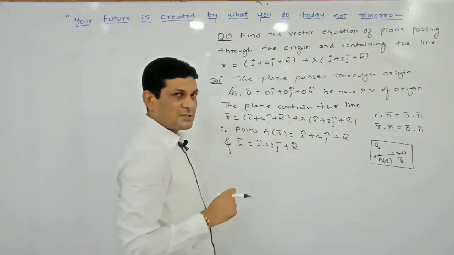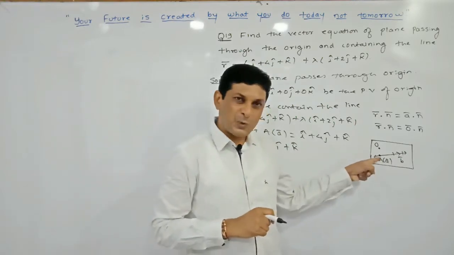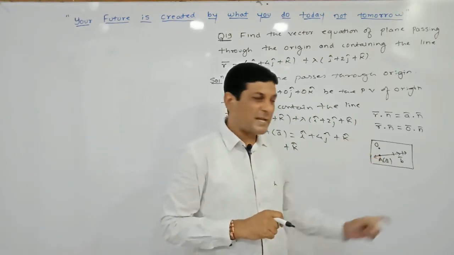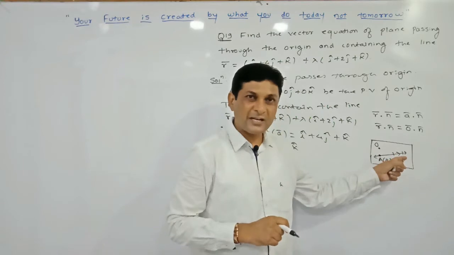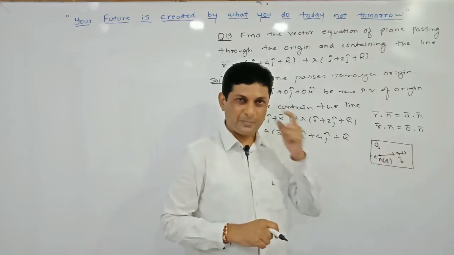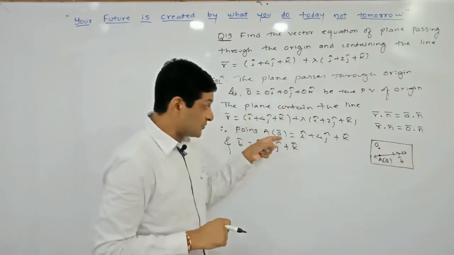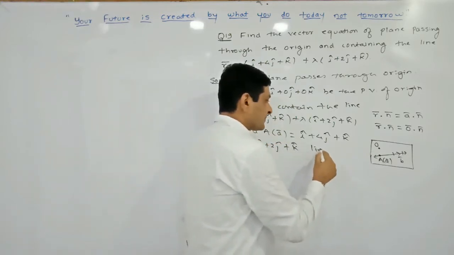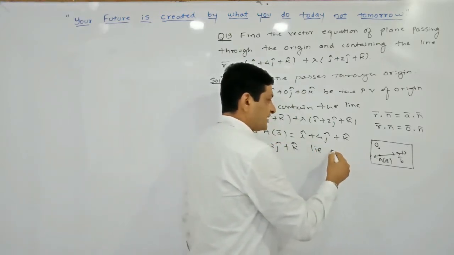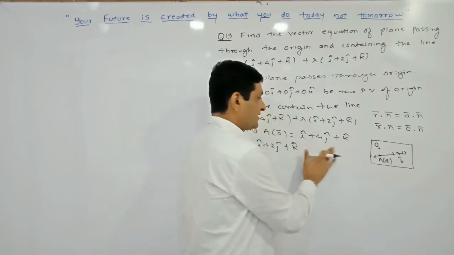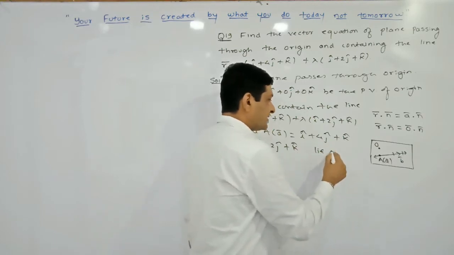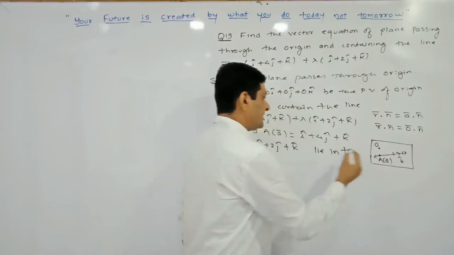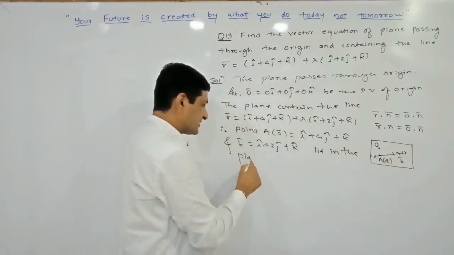Now this line lies in the plane, which means this point also lies in the same plane, and this vector along the line also lies in the same plane. So that's why we can say that the point having this position vector and b bar lie in the plane, isn't it?